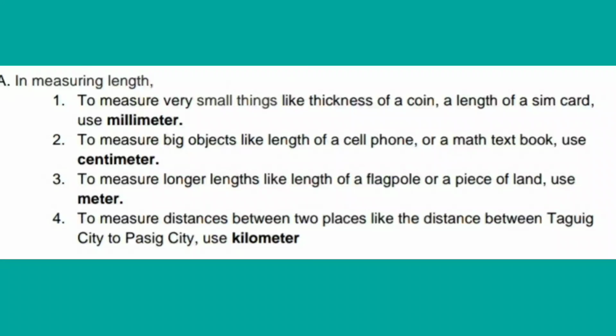To measure longer lengths like the length of a flagpole or a piece of land, you are going to use meter. And number 4, to measure distances between two places like the distance between Taguig City and Pasig City, you are going to use kilometer.